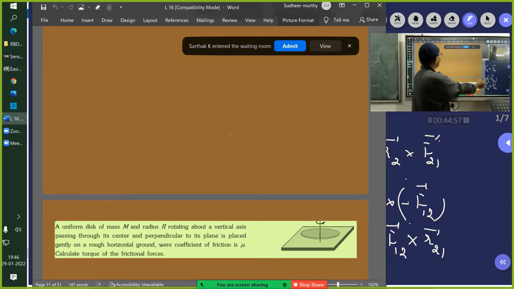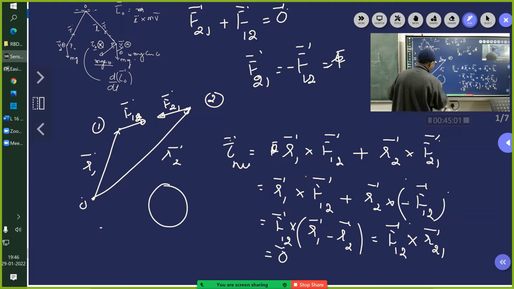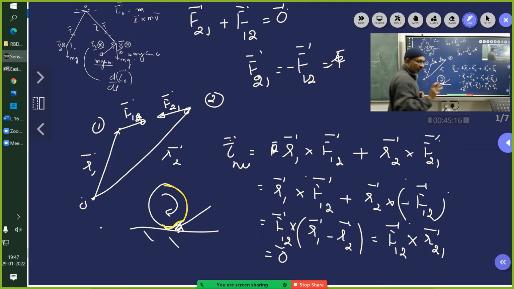What are you talking about? If it is rolling like this and there is some hump here and the wheel will get deformed, then rolling friction will come. Have I not told you? That is not in your syllabus, so don't keep that in your head.